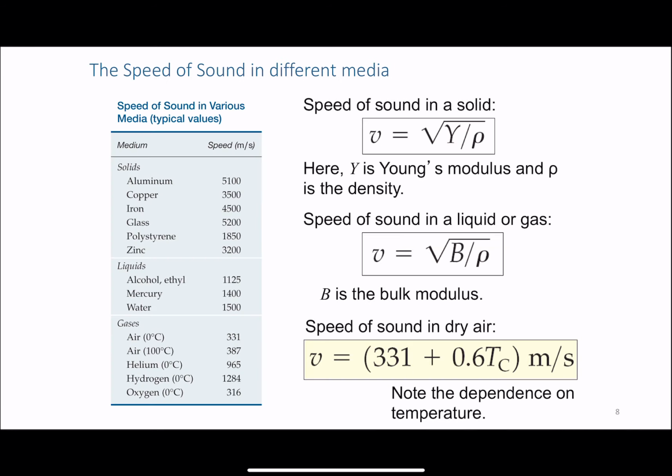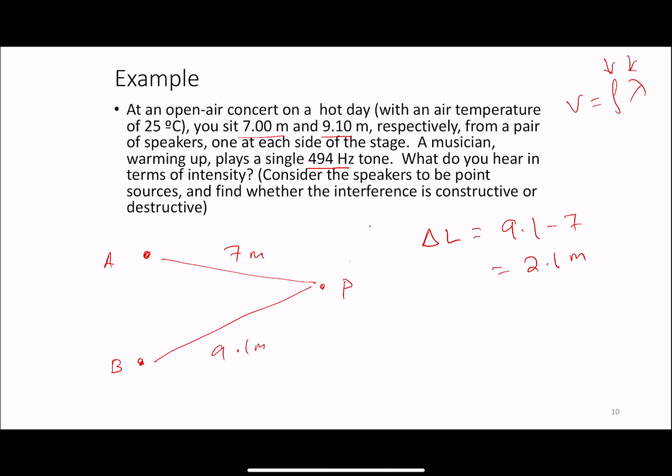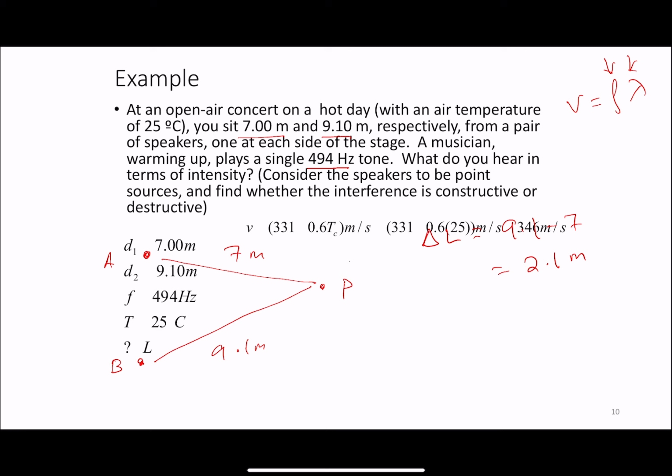There is this formula over here for the speed of sound in dry air, where you can just plug in 25 degrees centigrade to get the speed of sound. Once you get that, I think I have it worked out over here, the speed of sound will be 346 meters per second. And then you can do v divided by f, and you will get the wavelength to be 0.7 meters. So this is going to be the wavelength.